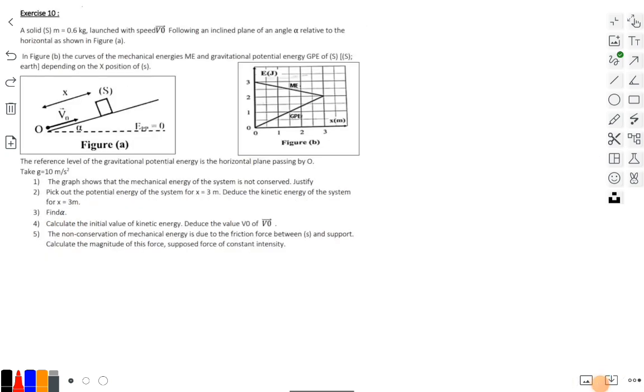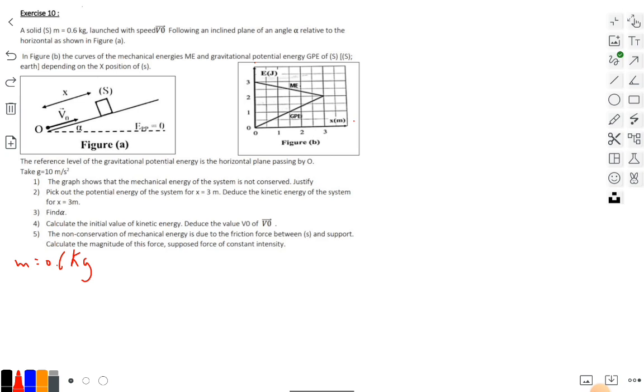Exercise 10. A solid S, m equals 0.6 kilogram, is launched with speed V0 following an inclined plane of an angle alpha relative to the horizontal, as shown in figure A. In figure B, the curves of mechanical energy ME and gravitational potential energy GPE of S depend on the x position of S. This is x and this is the energy.